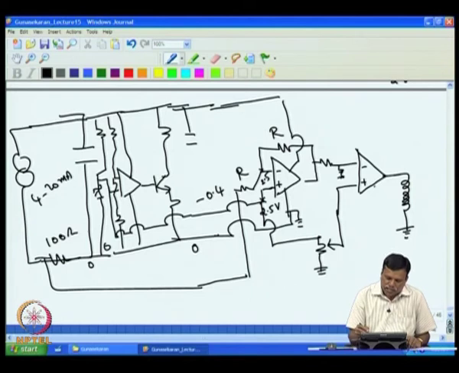We can reduce the gain and make it a proportional controller by adding a difference amplifier to this. We can have a difference amplifier to this. Even this also can be done with this.